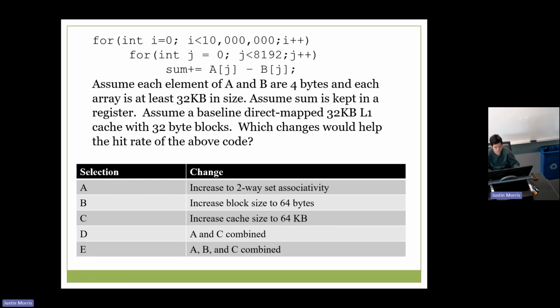What do you think again? I think that this one, because it's that nested loop, the cache size would help as well, because each array is 32 kilobytes. You have to do the math.